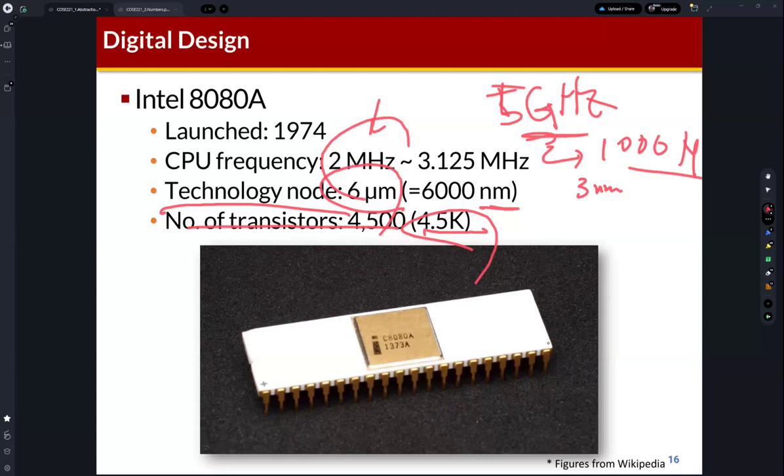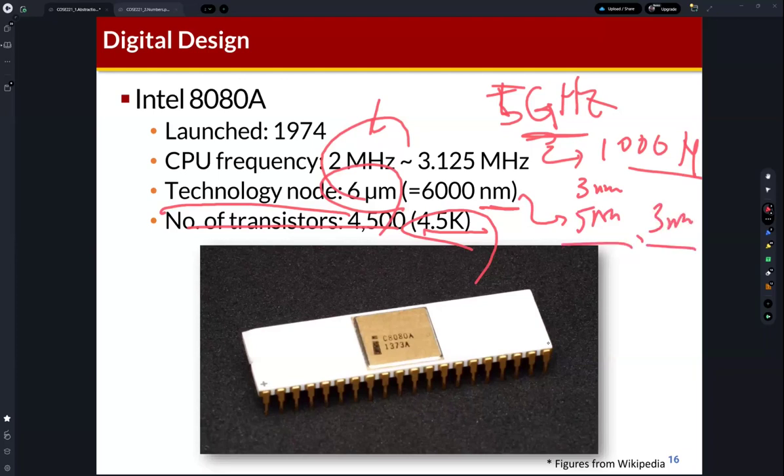If you are interested in semiconductor technologies, and in stocks of NVIDIA, TSMC, Intel, the semiconductor vendors, or Samsung or Hynix, then I believe you have heard about the technology node, like 5 nanometer or 3 nanometer.